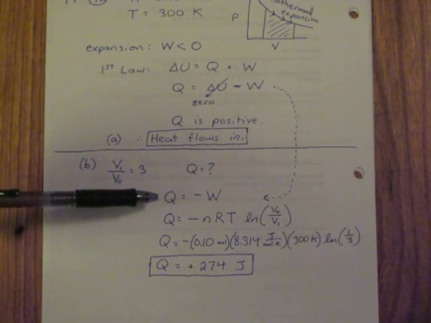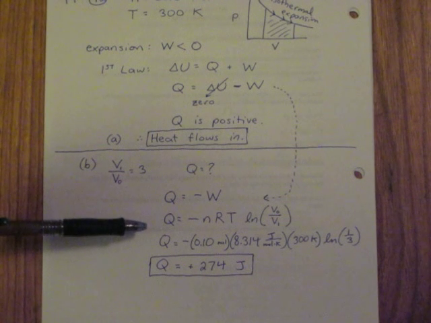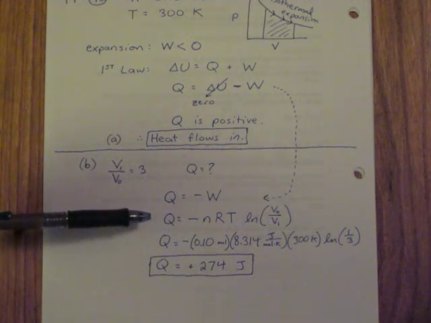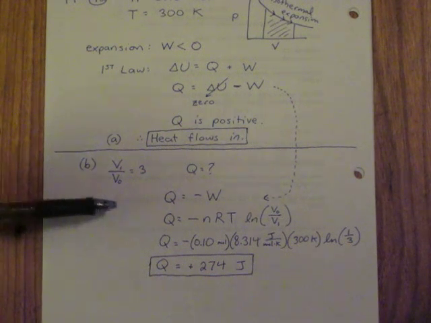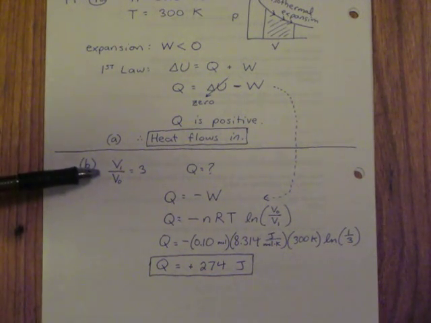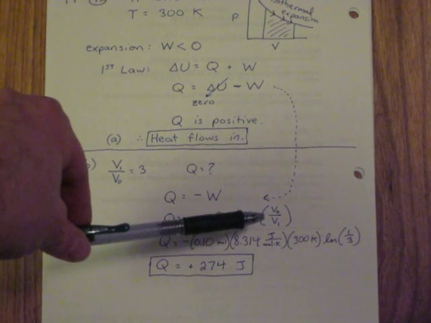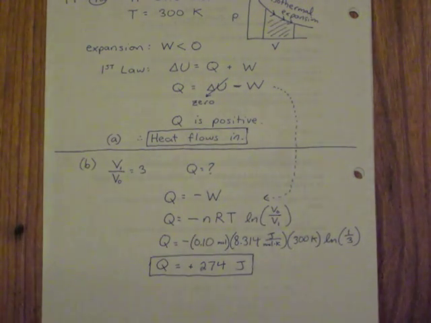Q therefore is negative nRT times the natural log of the ratios of the volumes. Since V1 over V0 is 3, here we're using V0 over V1, that's going to be 1/3. And you plug in the numbers and get that heat flow is positive 274 joules.